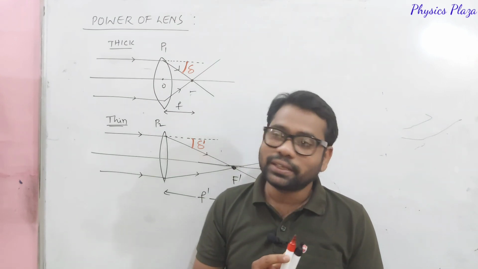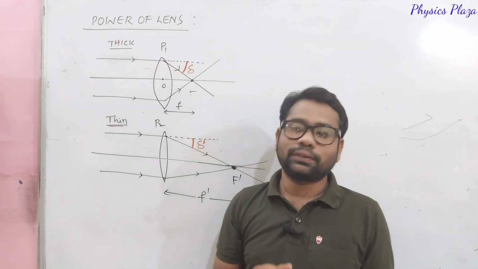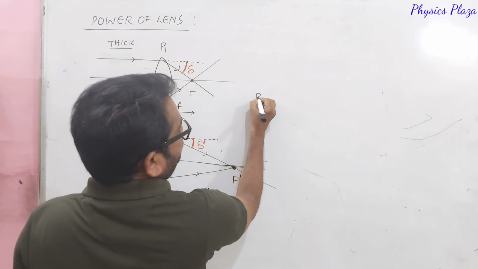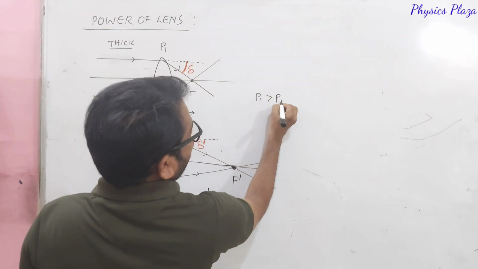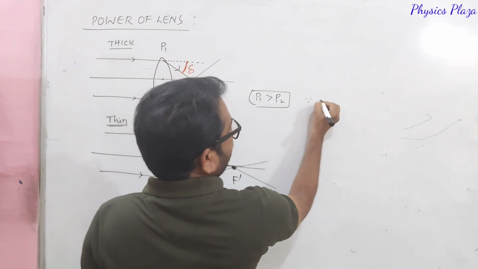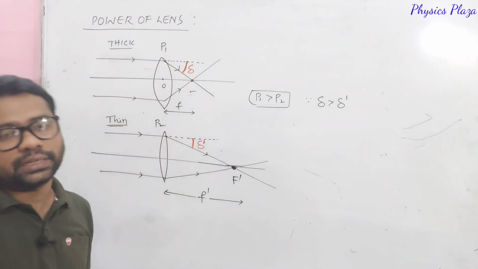So we can say that this thick lens power is more than that of the thin lens. So we can make a conclusion, P1 is greater than P2. What is the reason? Since delta is greater than delta dash.